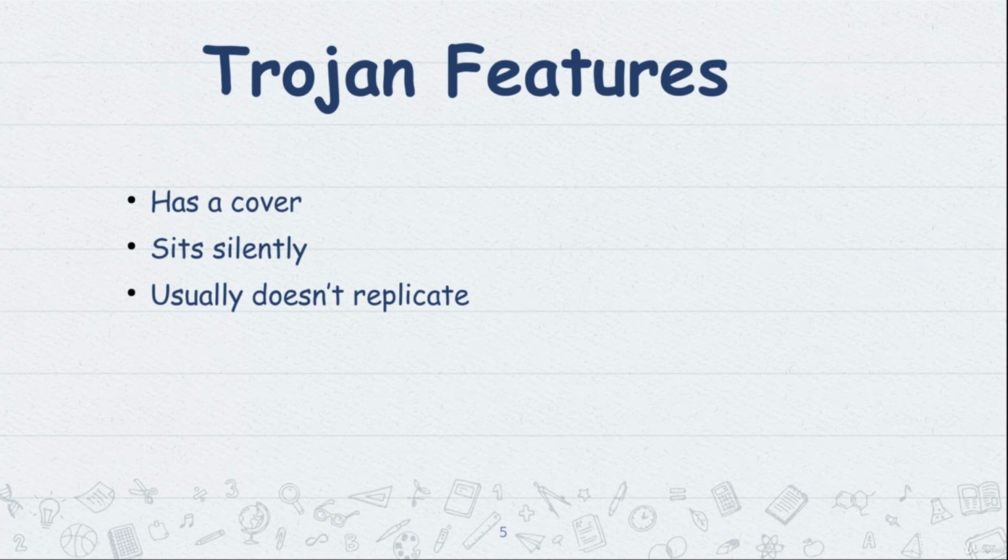Or if I have a virus on a USB and plug the USB into some other PC, it will try to infect the PC, and then if a new USB is attached to this PC, the virus will try to get into the USB and spread. But Trojans don't do that. Trojans mostly sit silently, and when they are commanded by their hacker, they try to do something malicious.